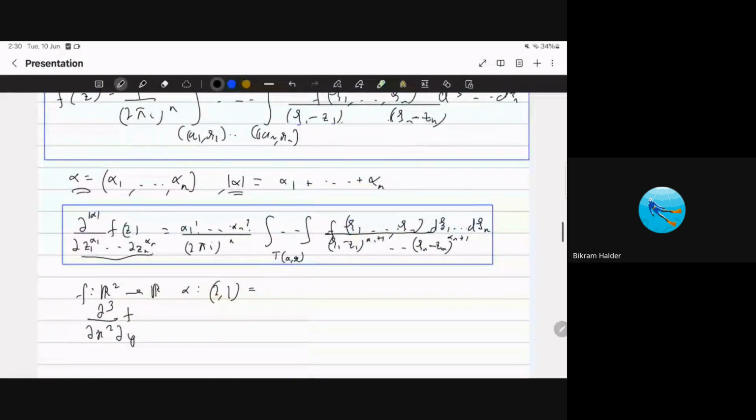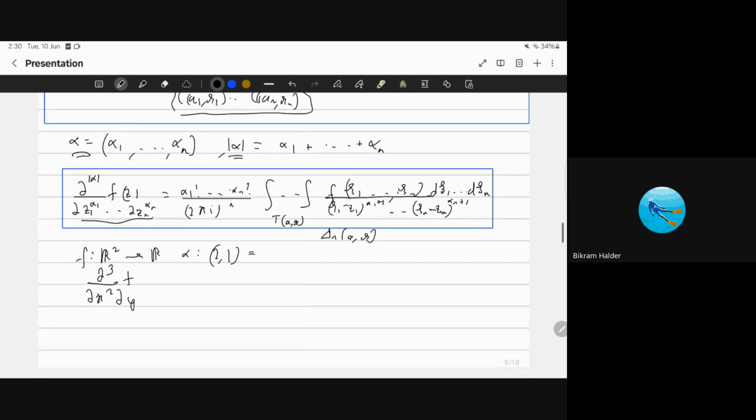But here the integral is over this object, C(a1, R1) cross C(a2, R2) up to C(an, Rn), which is a torus, and as we discussed before, or as I have left as an exercise, it is not the entire boundary, it is a part of the boundary of the polydisk.